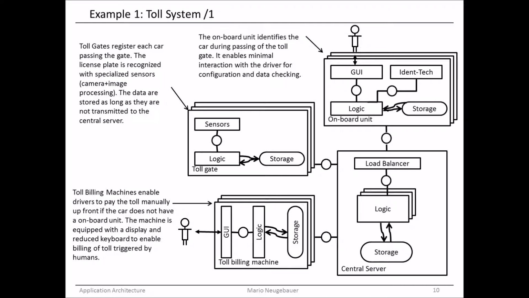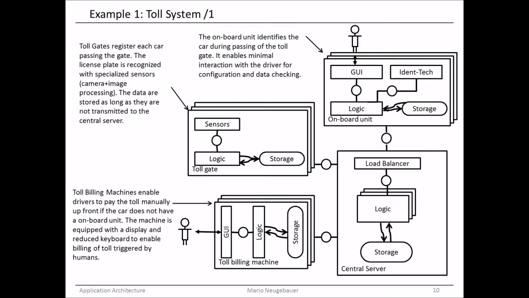So to answer that question, let's have a look at the parts of the application. There's one part which you could call a central server. On the central server, there's of course a storage for all data which relates somehow to the users, to the balances of the users, to the identifications of the users.